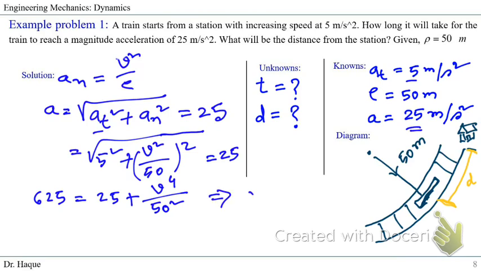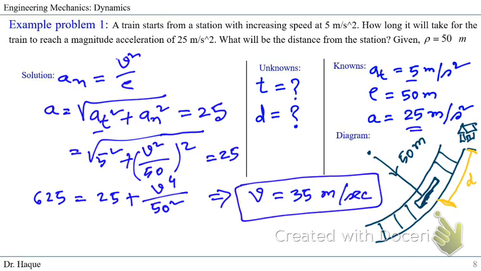If we solve for this, we get the velocity v equals 35 meters per second. This was the velocity at that point right now. So this is one part.